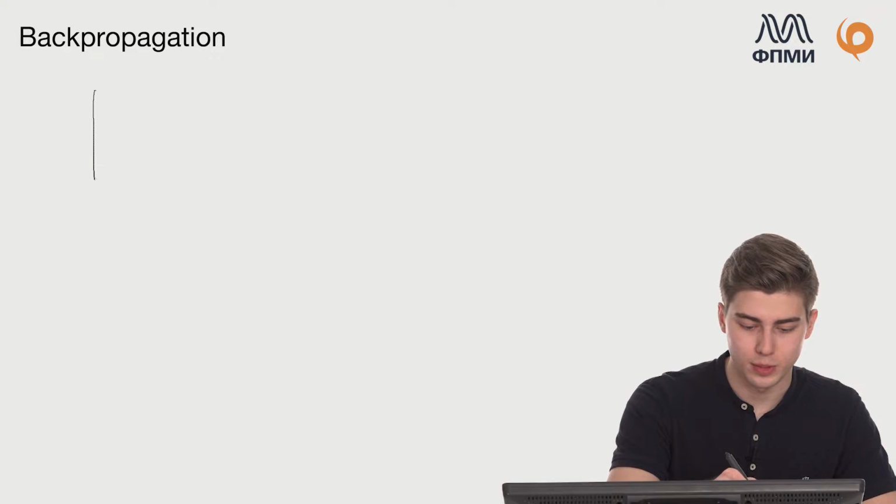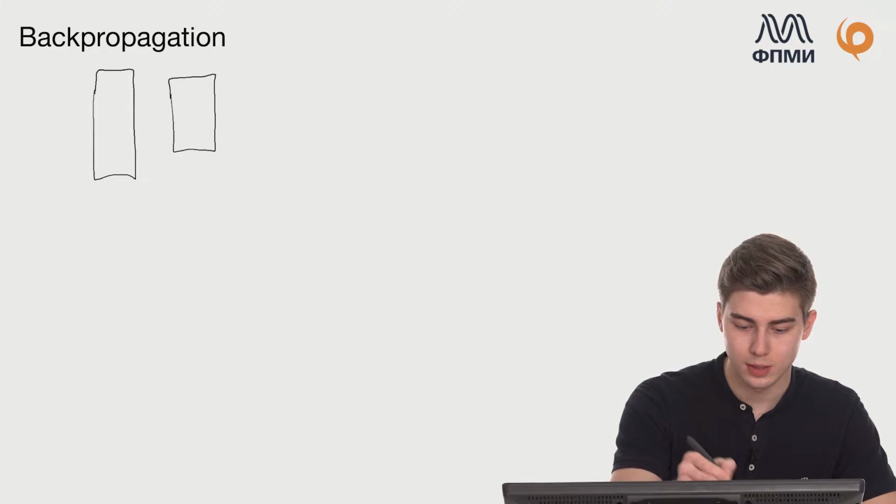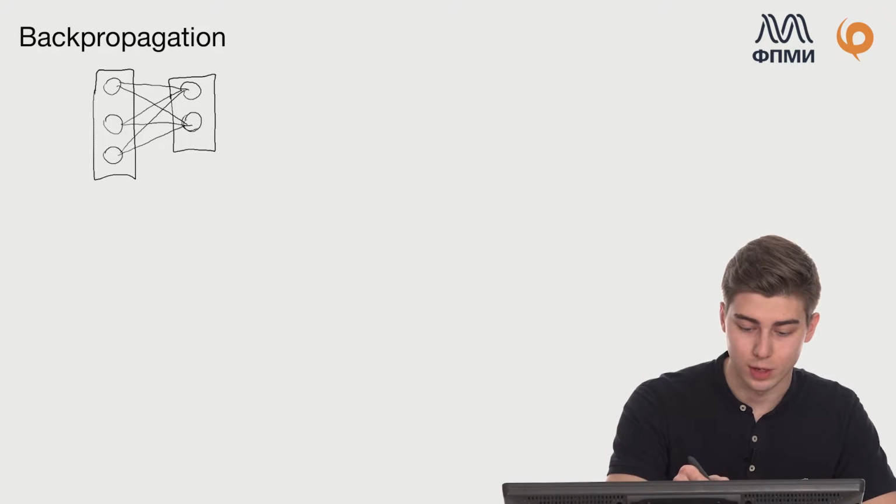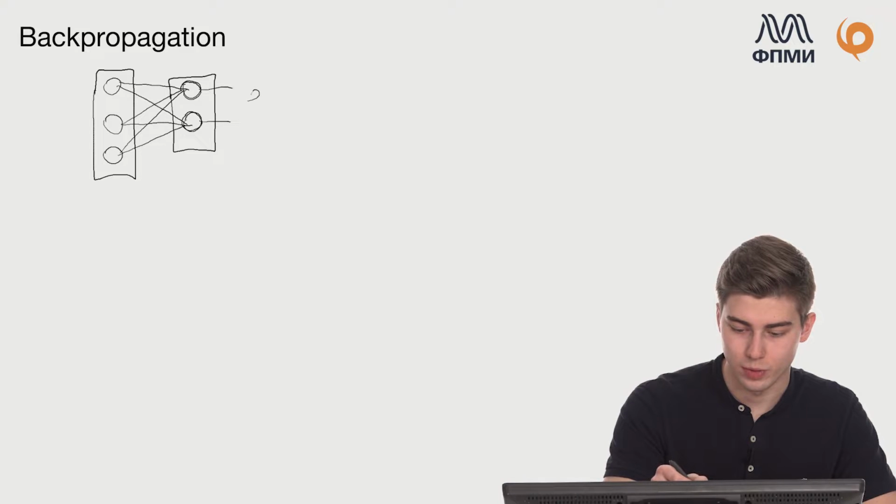Let me draw the schematic representation of the last hidden layer in the neural network and the output layer of the neural network. Keep in mind that there are connections between the neurons of the last hidden layer and the output layer. Here are the outputs for the loss function.